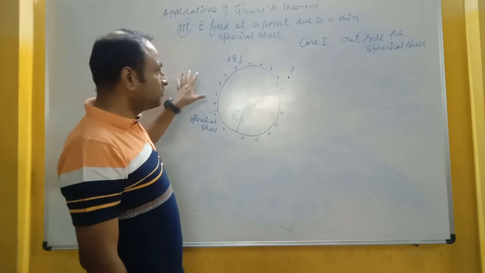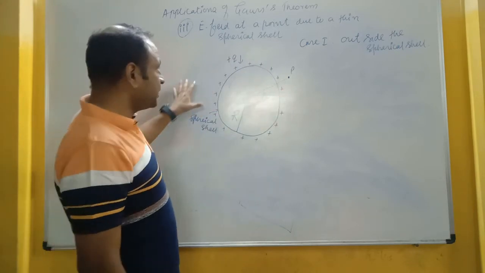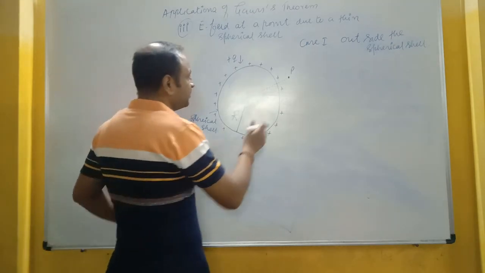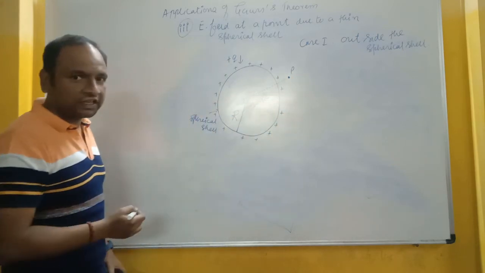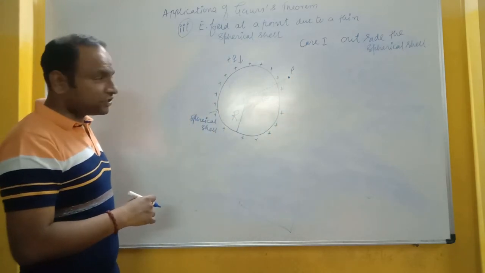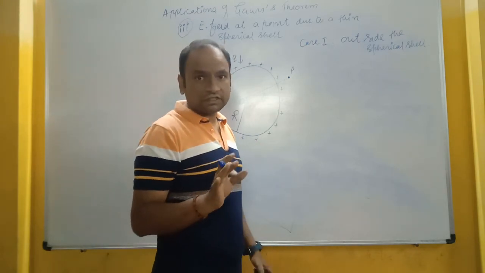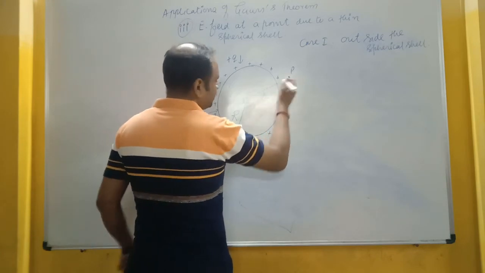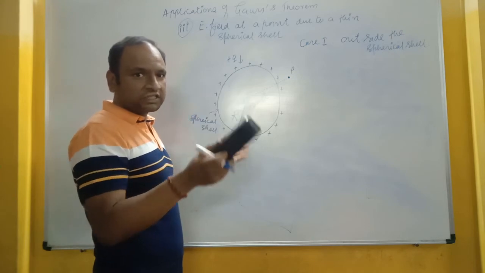So I will enclose these charges in an imaginary surface, and that imaginary enclosed surface is called the Gaussian surface. I will again take a spherical Gaussian surface.